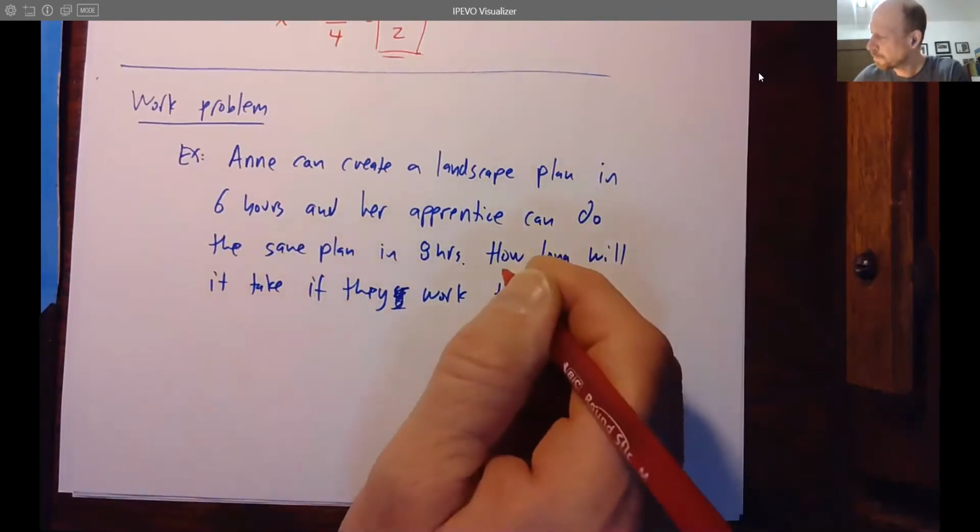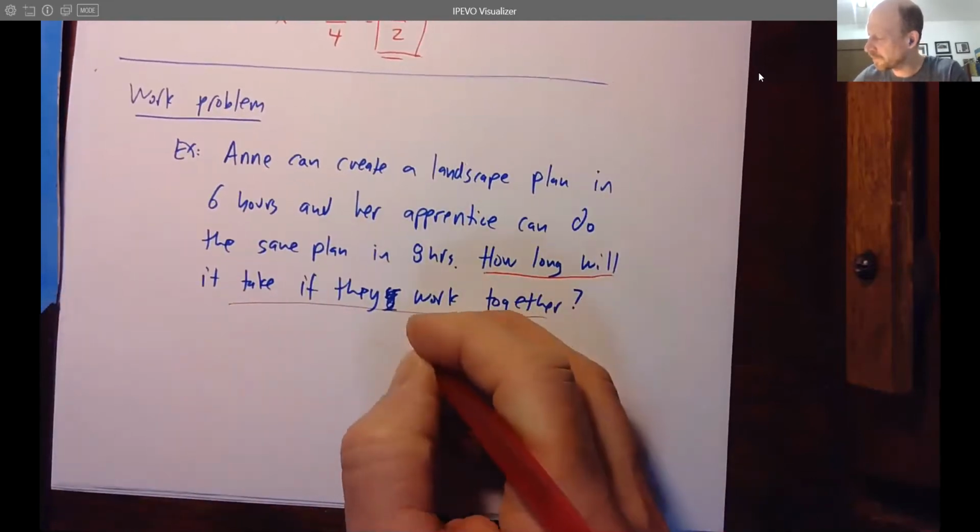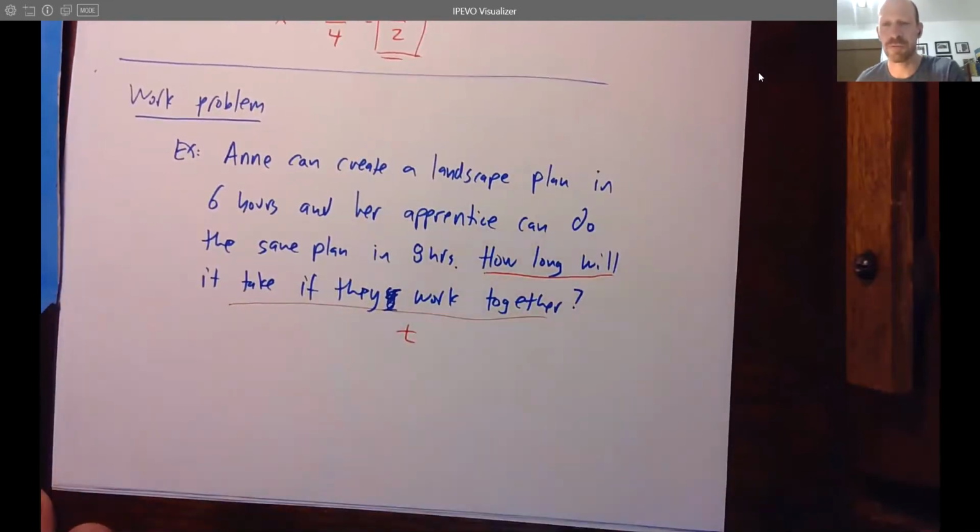So, let's call this T, right? That's what we're looking for. Anytime we do an application problem, we like to define the variable. We're looking for T, the time it takes them to work together. But again, it's hard to set up an equation directly.